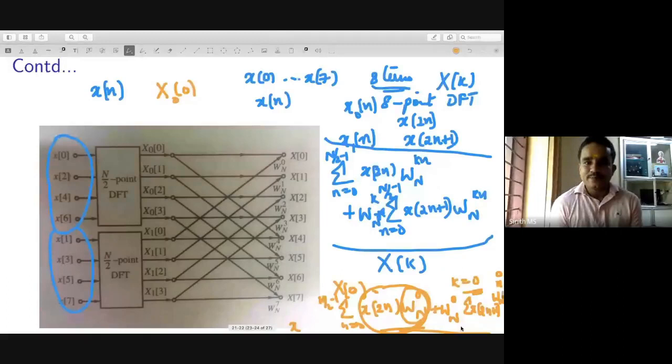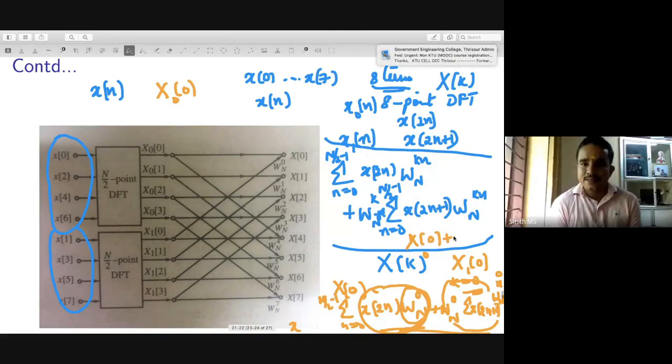So basically that is x00, and what you have here is the odd terms' DFT, which you represent as x10, which is multiplied by WN raised to kn, but k is 0 here, so WN raised to 0. So what you have here is basically x00 plus WN raised to 0 into x10.